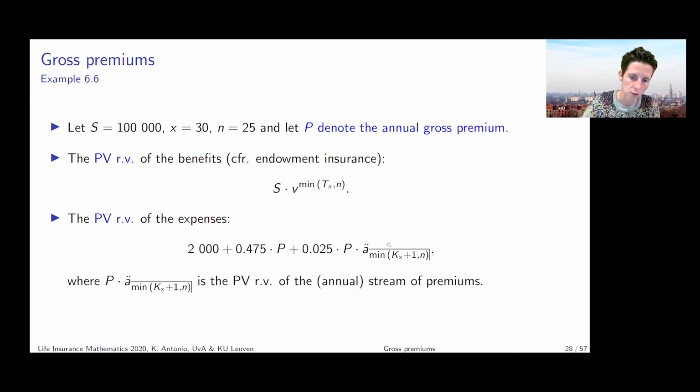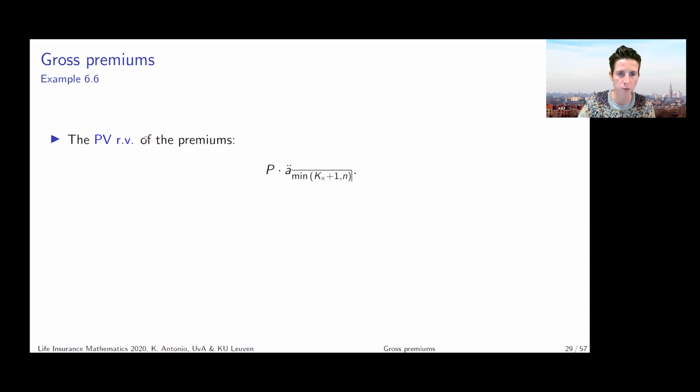So here you see, I'm going to value these costs with a life annuity due that works annually, which has as its term the N years, that's the duration of my contract. And then, of course, last but not least, I get the present value random variable of the premiums. Premiums are payable annually at the beginning of the year, throughout the duration of the contract, which is N years.